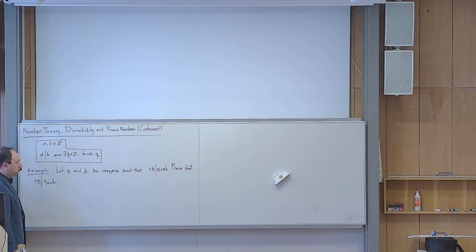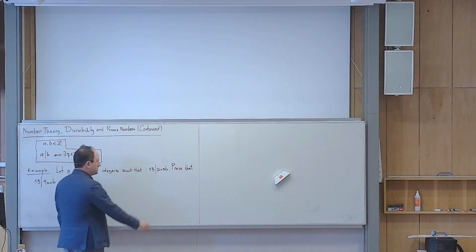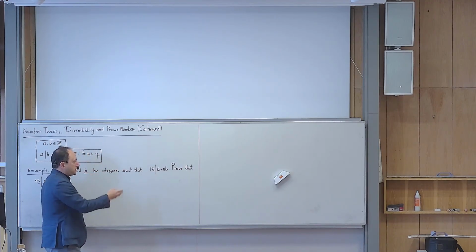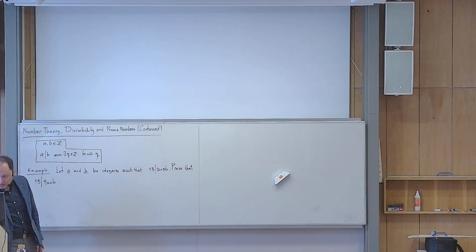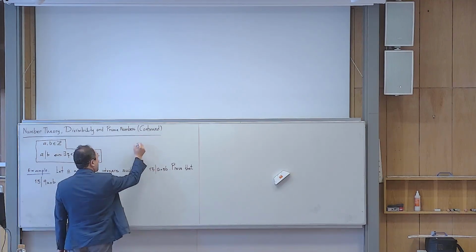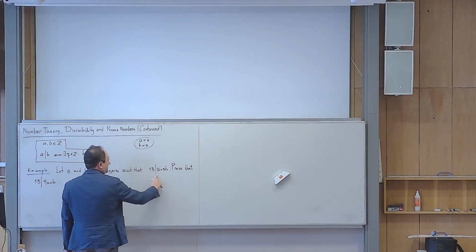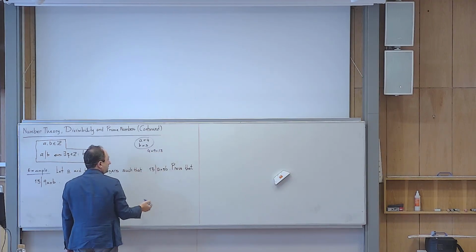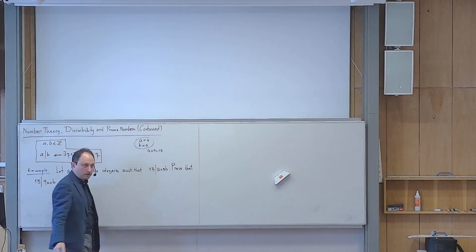For example, can you come up with some numbers that satisfy this condition? Let us take B to be 3 and A to be 4. If I choose these numbers, hopefully you agree with me, this is a true statement, because 4 plus 3 times 3 is 13, and 13 is really divisible by 13.